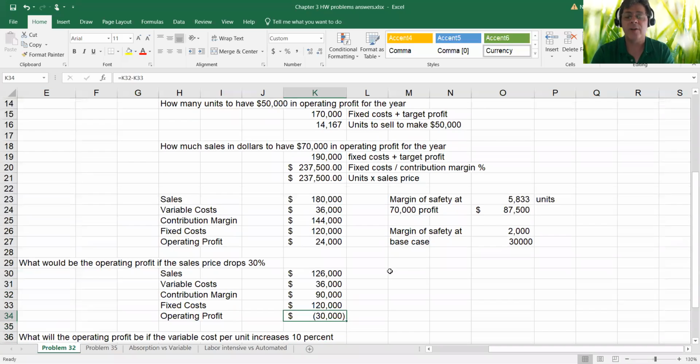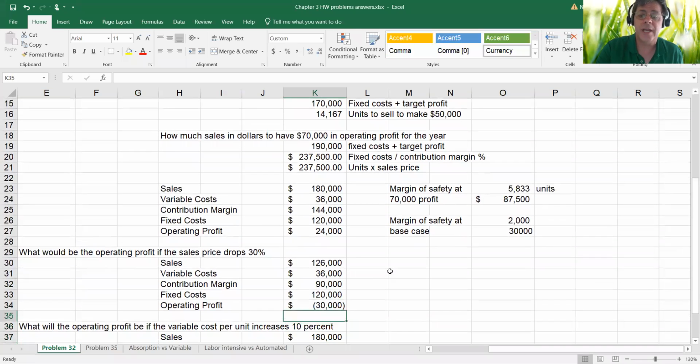And we actually have an operating profit of -30, or if you wanted to change that and say operating loss, that would be even more correct, if you will, for 30,000. So you actually are losing money. You are below break-even point because of the reduction in the sales price.